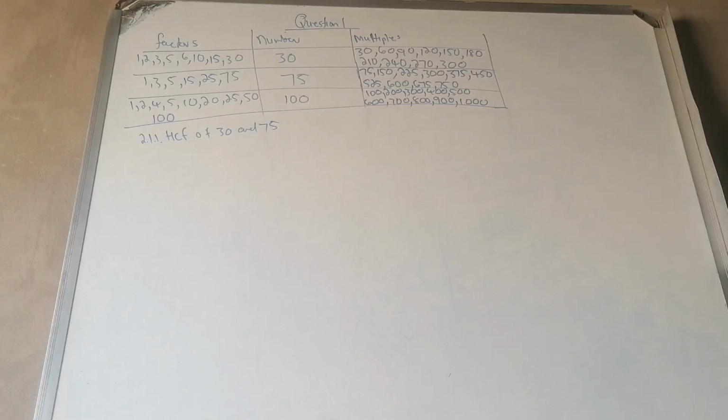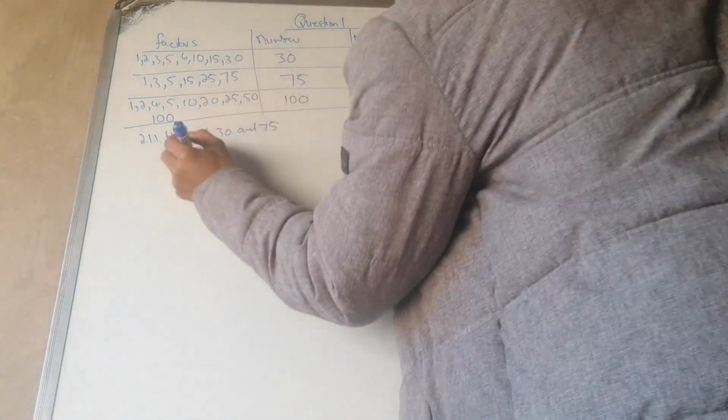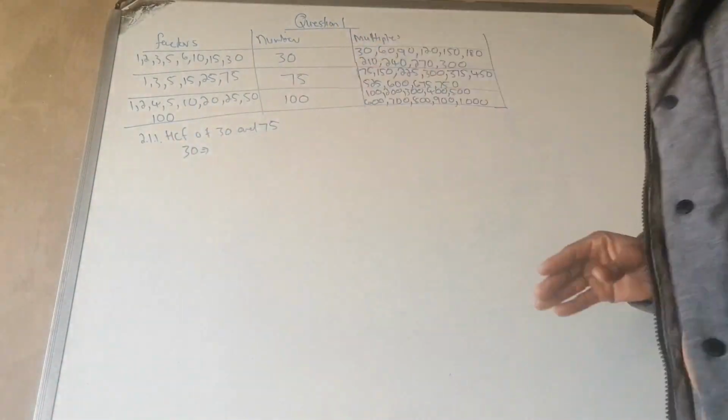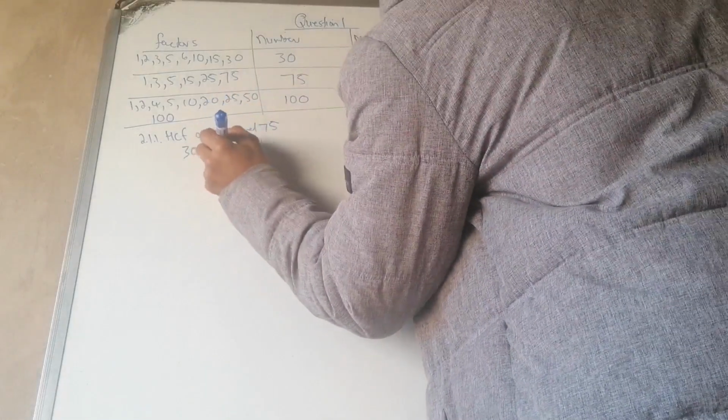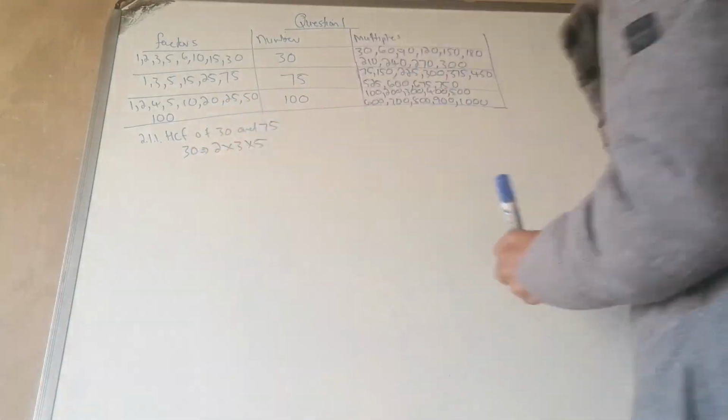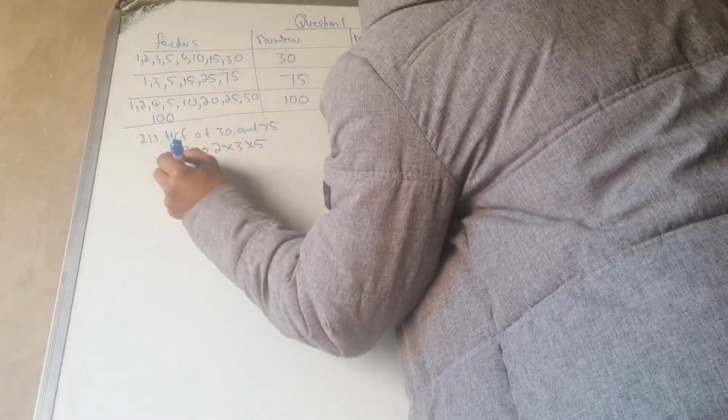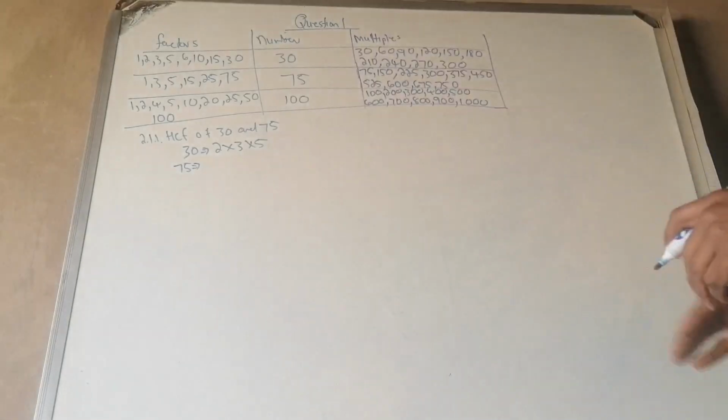The easiest way, even without looking at that table, is to go to your calculator mode. 30 equals shift factor, without even having to look at the table. 30 equals 2 times 3 times 5. And for 75, 75 equals shift factor.